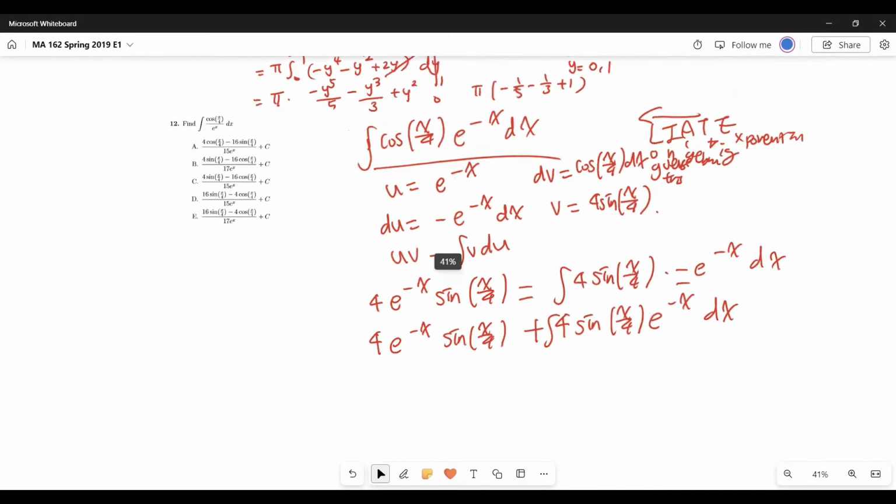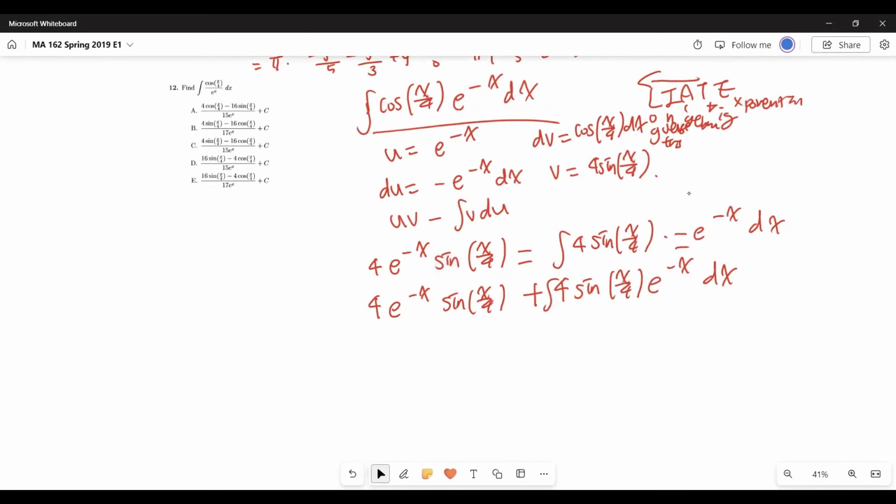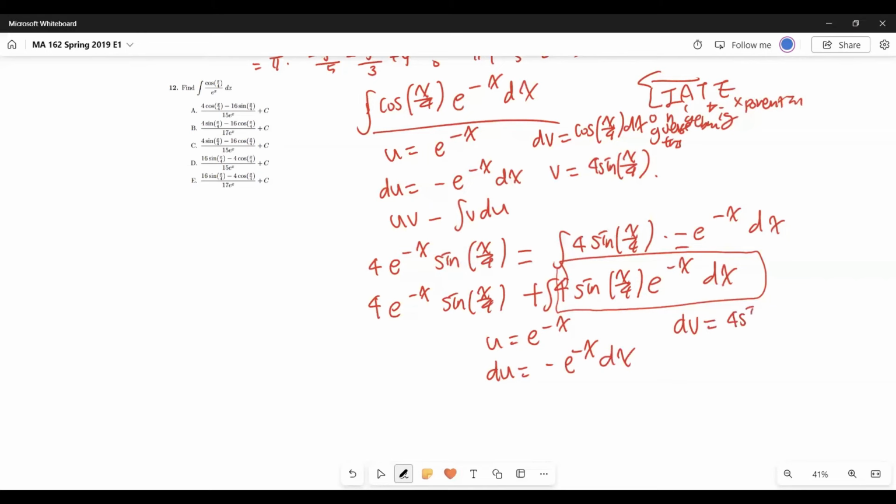So we have that, and since we have to do integration by parts again, we're going to put the u as also e to negative x, and du would be the same thing, negative e to the negative x dx. Our dv would be 4 sine x over 4 dx, so our v becomes negative 16 cosine x over 4.